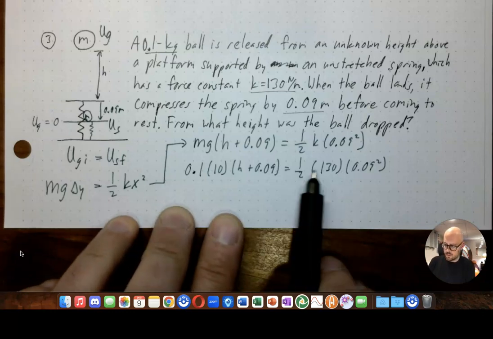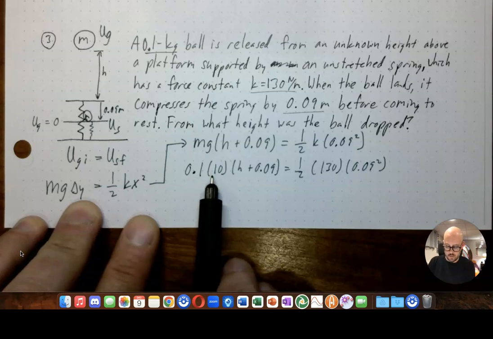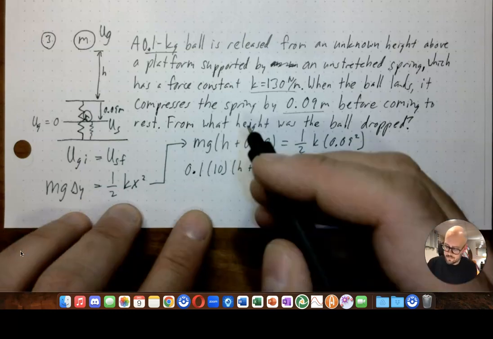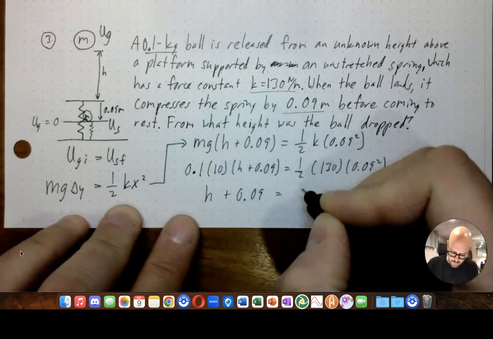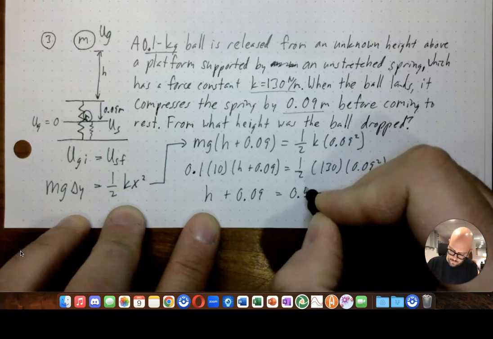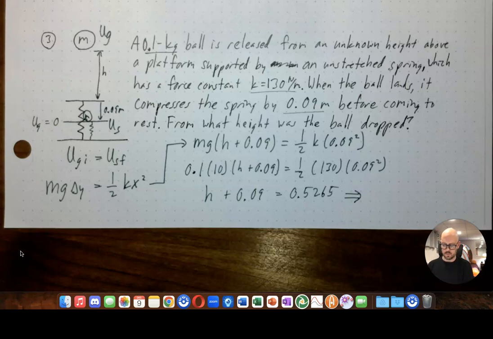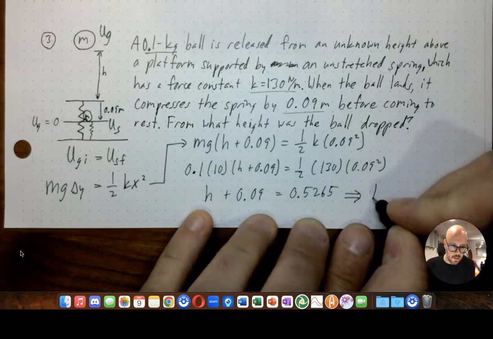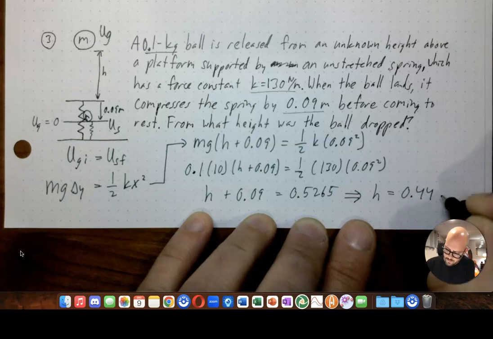I'm going to multiply everything out on the right, and then I'm going to multiply these two. 0.1 times 10 is 1, and so I don't have to divide by that. I just get that h plus 0.09 is equal to 0.5265. And if I subtract 0.09 from both sides, I get that the height is about 0.44 meters.